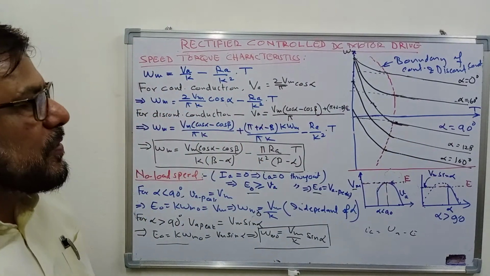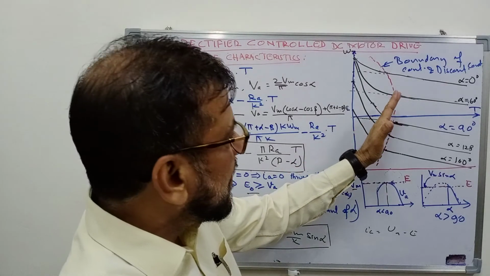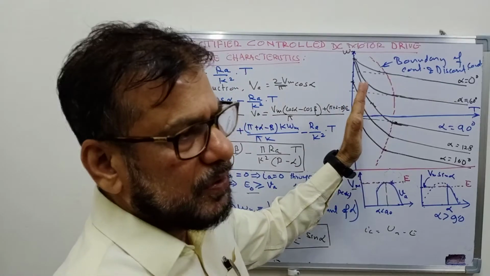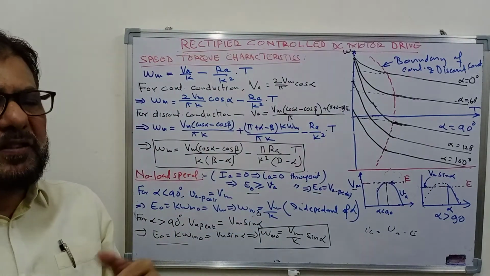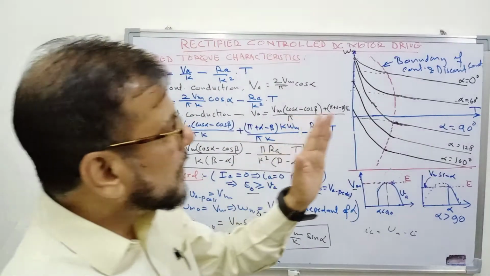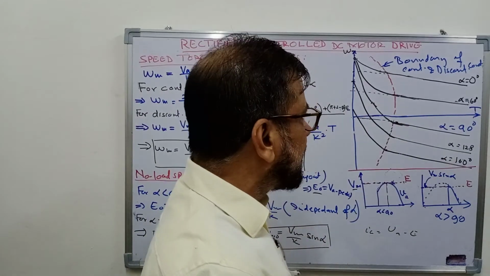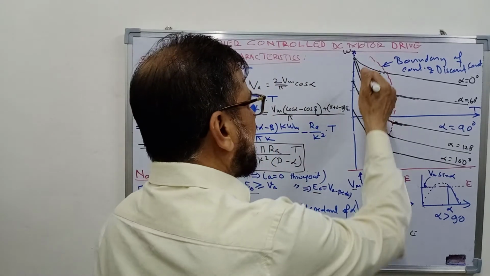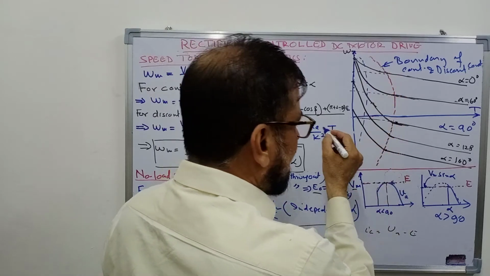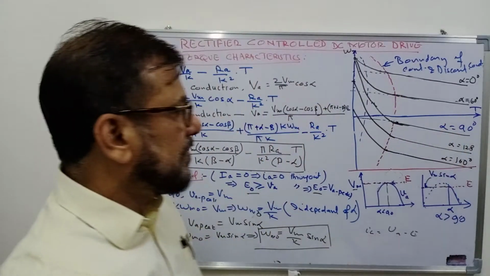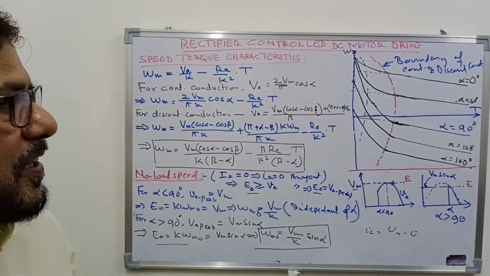So effort is made to limit this range as low as possible, and that can be done by increasing the inductance in the armature circuit. If you increase the armature circuit inductance, the range of discontinuous conduction may be further reduced like this, and in this region the characteristic may become linear.